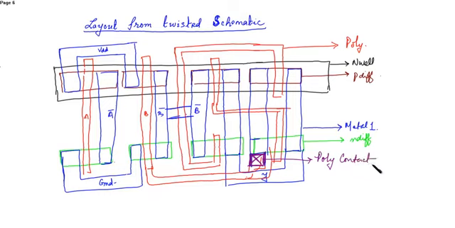Then we have to connect the A. A is connected to this gate, so we can connect from here directly. This is connected to this gate.